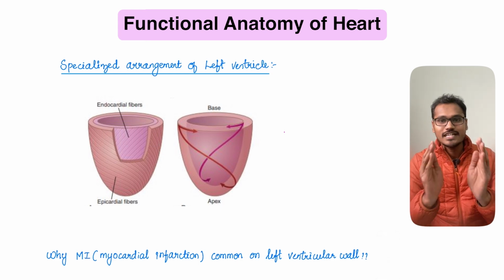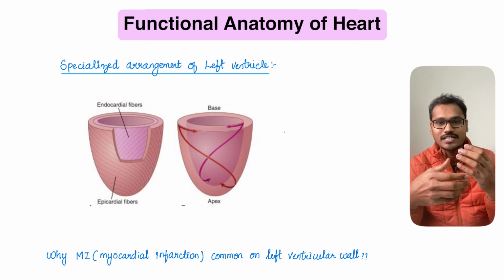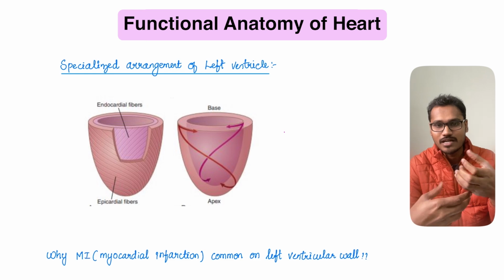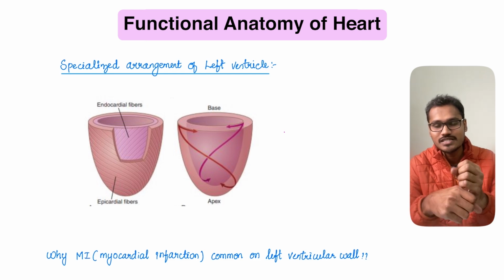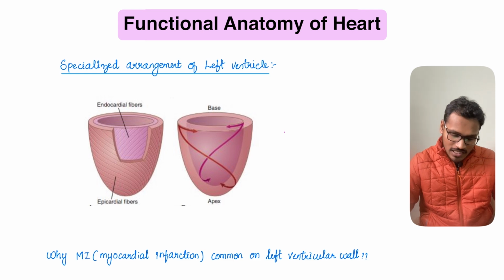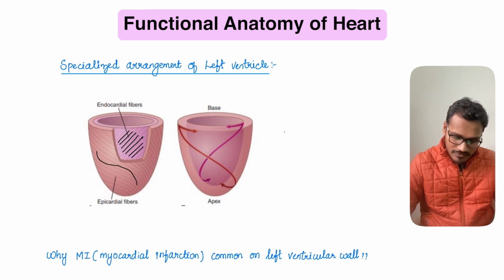All of us think that the ventricle is contracting like this, but ideally the ventricle contracts as if it is squeezing, and after that it recoils back. Squeeze and recoil back, squeeze and recoil back. That is the type of action that the ventricle performs. As you can see here, the endocardial fibers are oriented towards the right side, and the epicardial fibers are oriented like this.